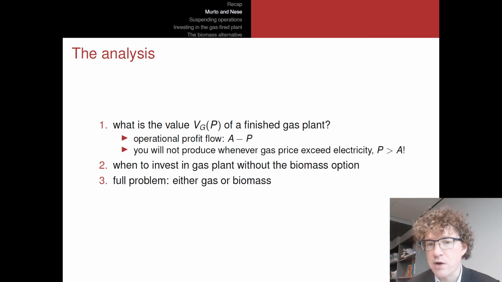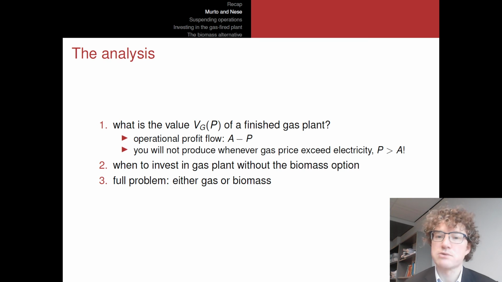This flow of profits is the difference between the electricity price that we make, A, minus the price of gas that we incur to produce this electricity, which is P. That P is going up and down, and it might be that the price P goes above the value of electricity. What would you do in that case, if the price of the input fuel is larger than the value of the output, the electricity?